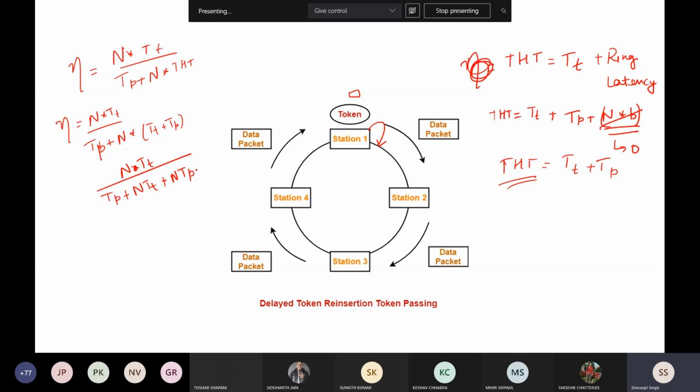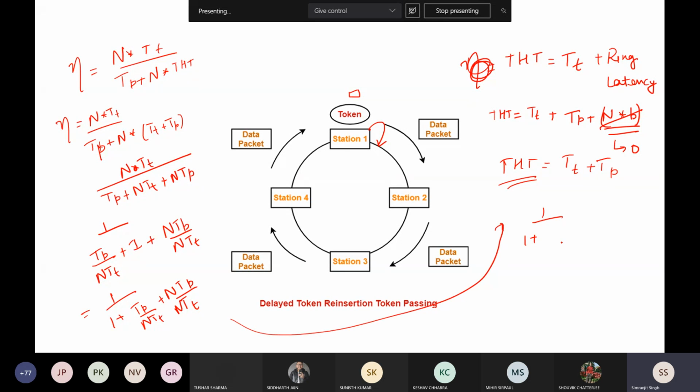You can divide the numerator and denominator by n TT. It becomes 1 over TP over n TT plus n TT over n TT, which is 1, plus n TP over n TT. Taking the LCM, it becomes 1 over 1 plus TP times (1 plus n) over TT and n.